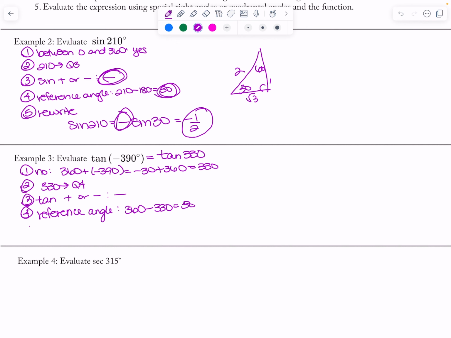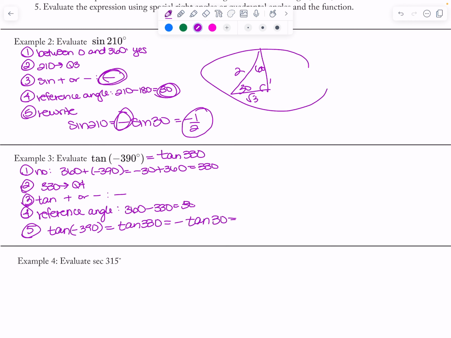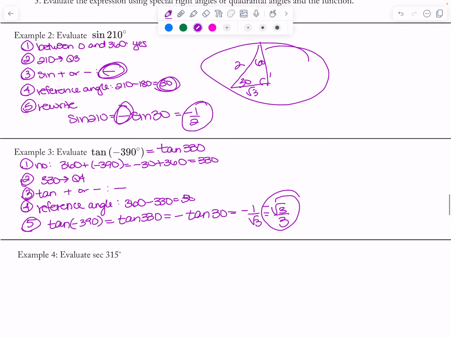And then now I have tangent of negative 390 is the same thing as the tangent of 330, which is the same thing as negative tangent of 30 degrees. When I look at my triangle, the tangent of 30 is opposite over adjacent, and then I rationalize my denominator, and I get negative root 3 over 3.